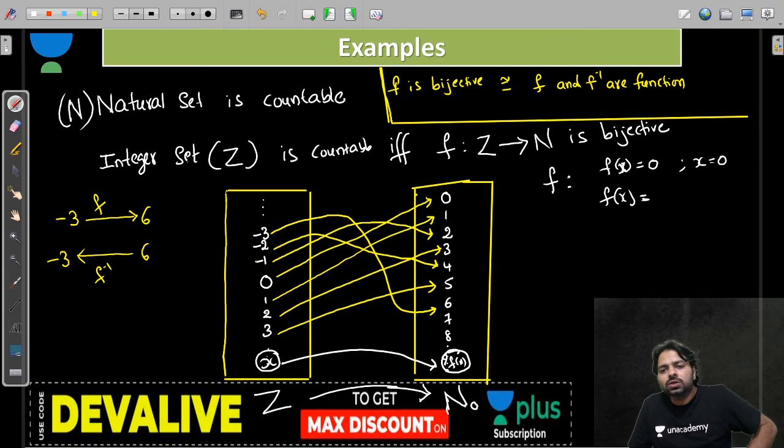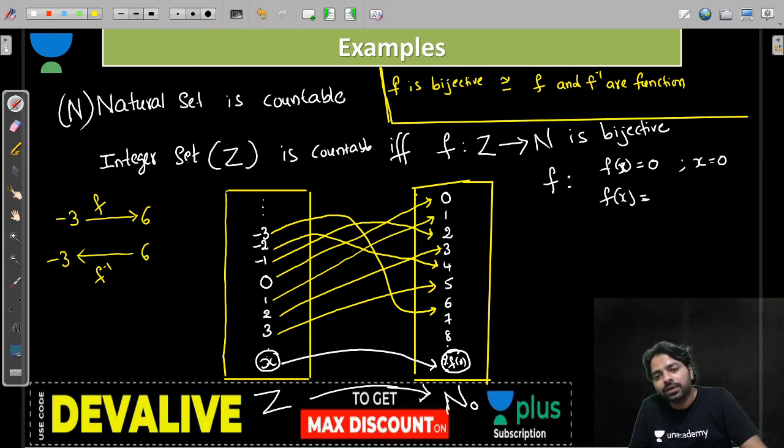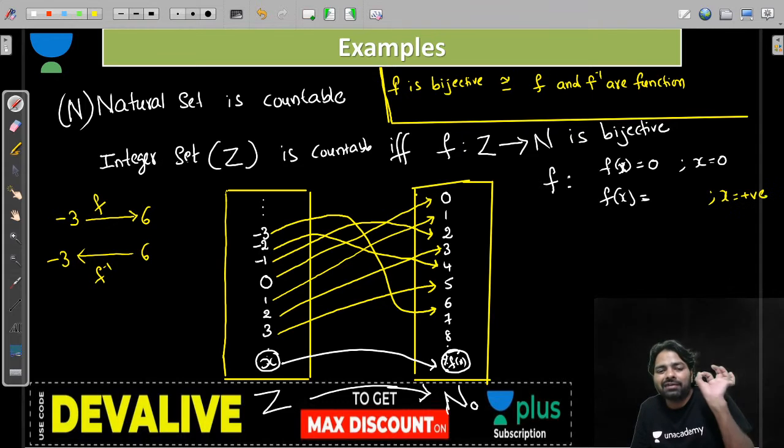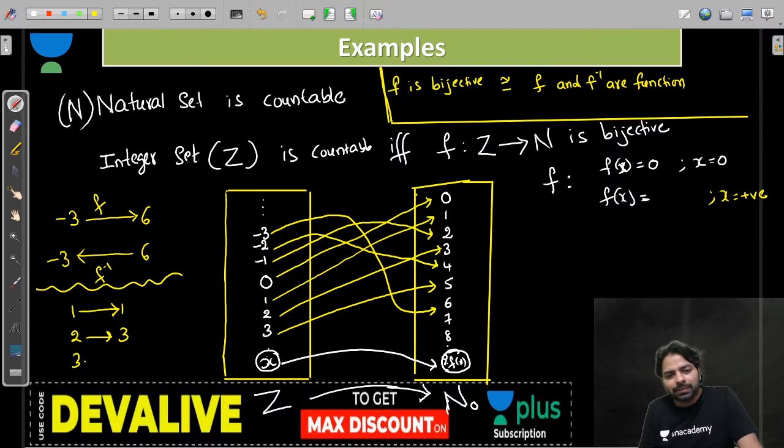So f of x. Now look at x. You have both positive and negative. When x is positive, what is f of x going to map? Just look at, guys, I'm looking for positive only now. Like 1 maps to 1 and 2 maps to 3 and 3 maps to 5. What is the relationship?